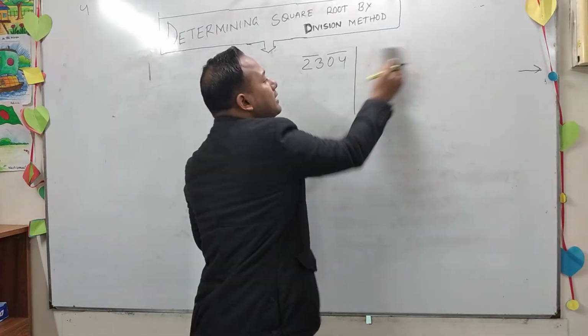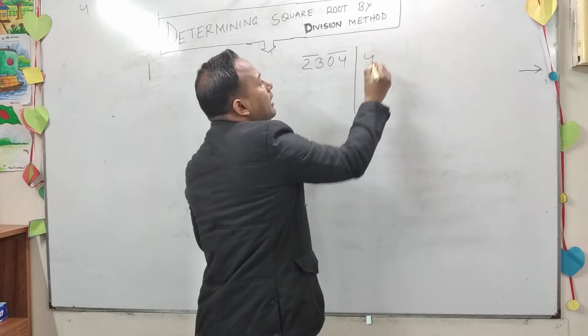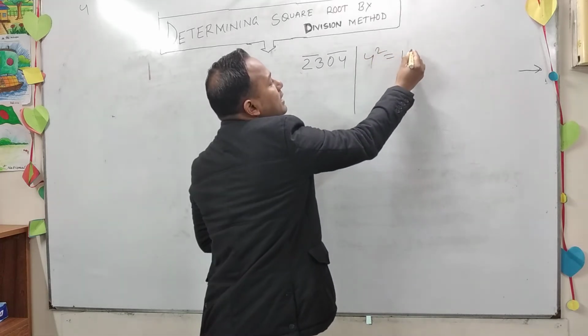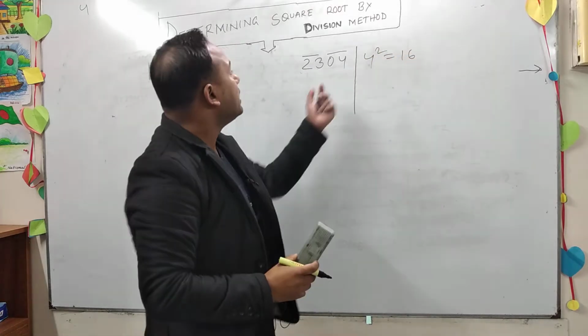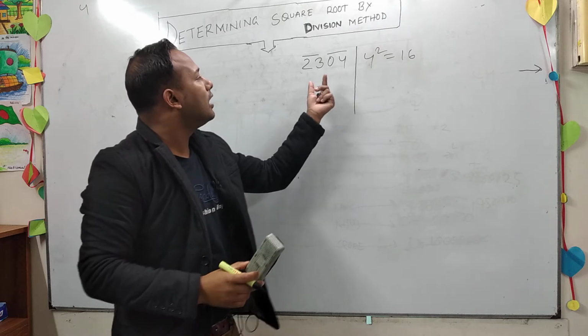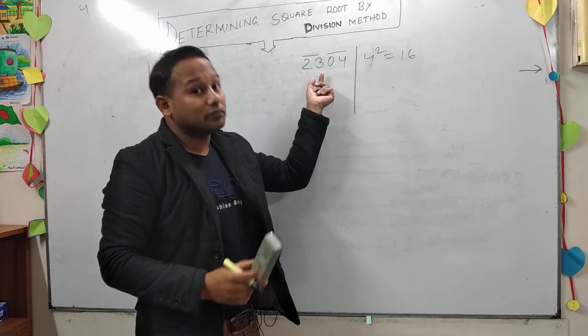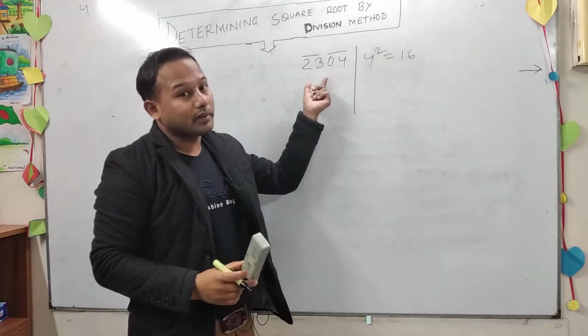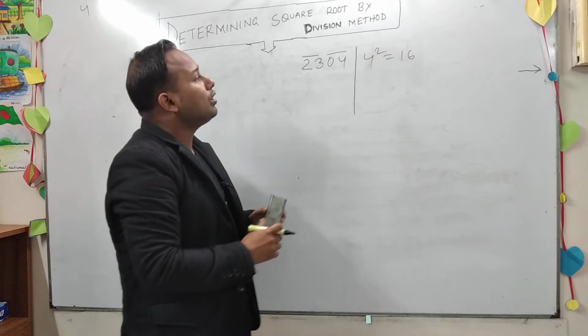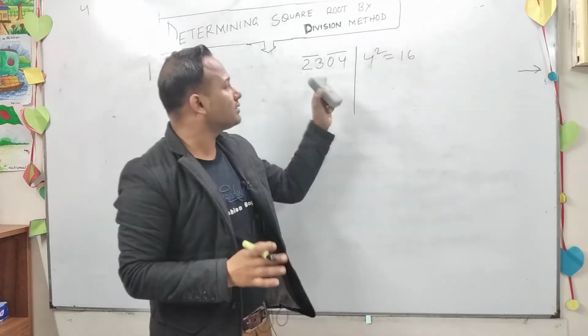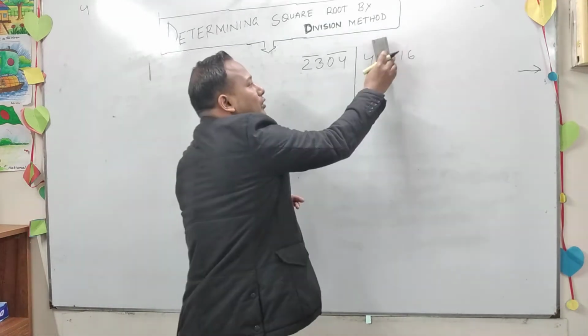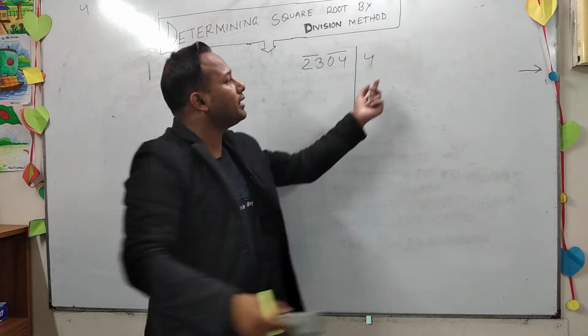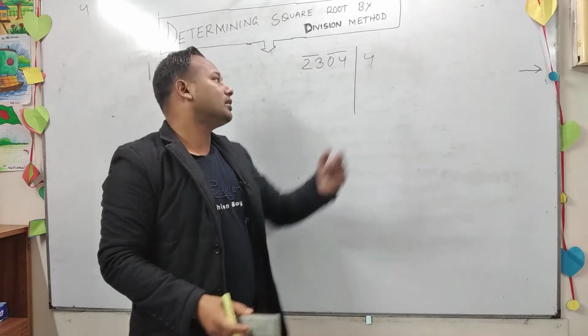If you take 4 and square it, 4 square equals 16. 16 is close but not that close. So can you take 4 here? I will show you.